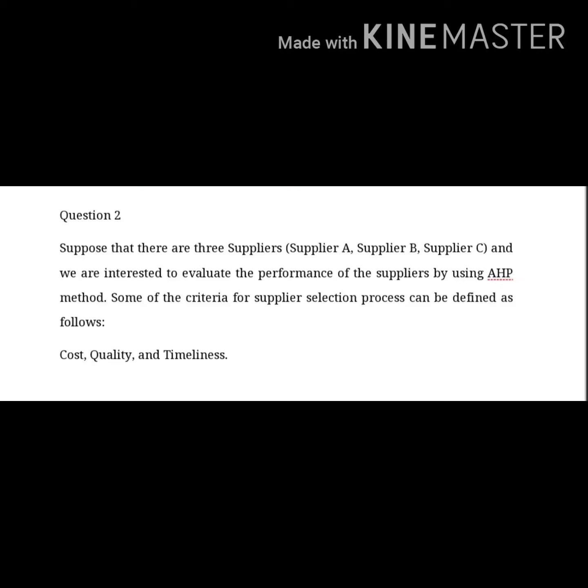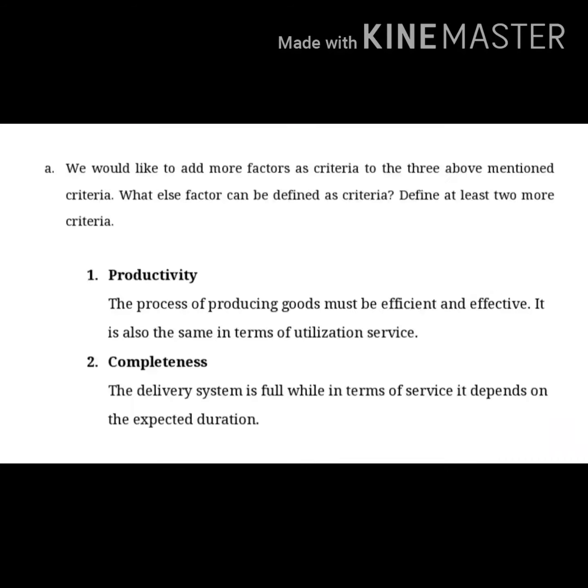Some of the criteria for the supplier selection process can be defined as follows: cost, quality, and timeliness. A. We would like to add more factors as criteria to the three above-mentioned criteria. What other factors can be defined as criteria? Define at least two more criteria.